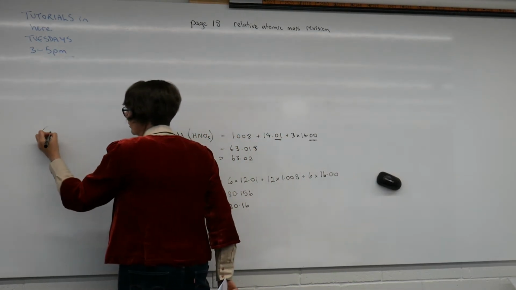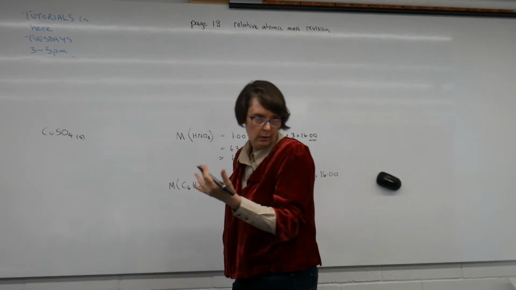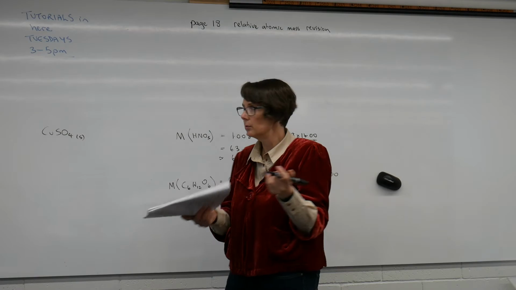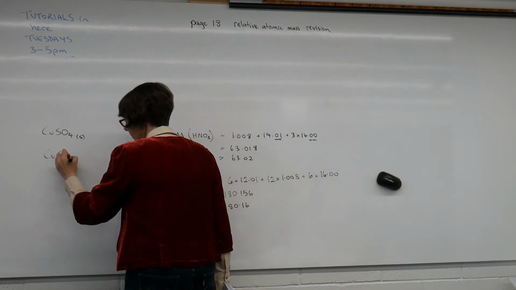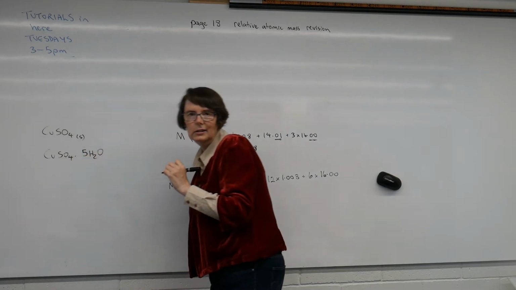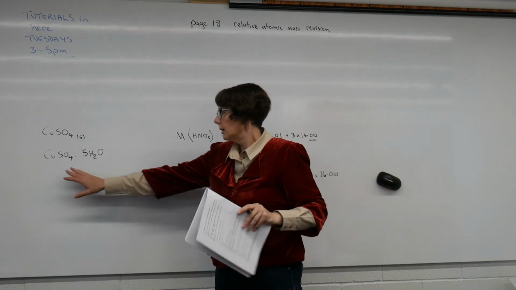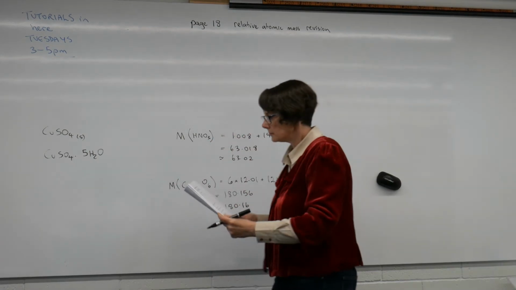For example, the copper sulfate, which we would often just write like that, and we use the blue crystals out of our container with copper sulfate. It's actually copper sulfate pentahydrate. So this is a reasonably common thing, that our ionic compounds can trap water within the lattice.